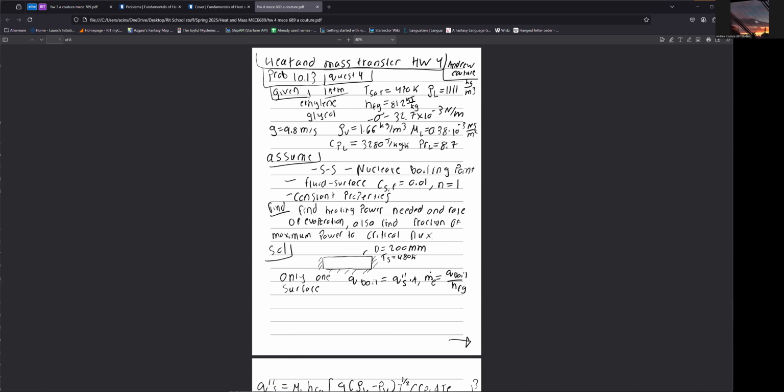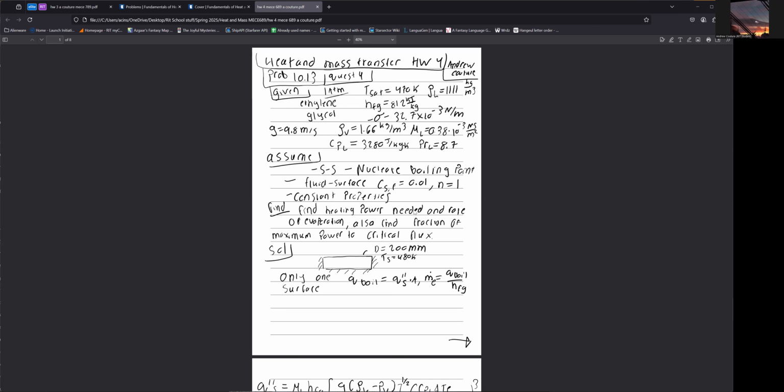And here are all of the given parameters. It gives the saturation temperature of ethylene glycol, the heat of fusion of the ethylene glycol, the liquid density of the glycol, the vapor density of the glycol, C_p, and the Prandtl number of the glycol, and also gravity, since that comes into play for nucleation, which is one of the assumptions that this is going to be a nucleate boiling point, and obviously going to be steady state, not changing anything with time.